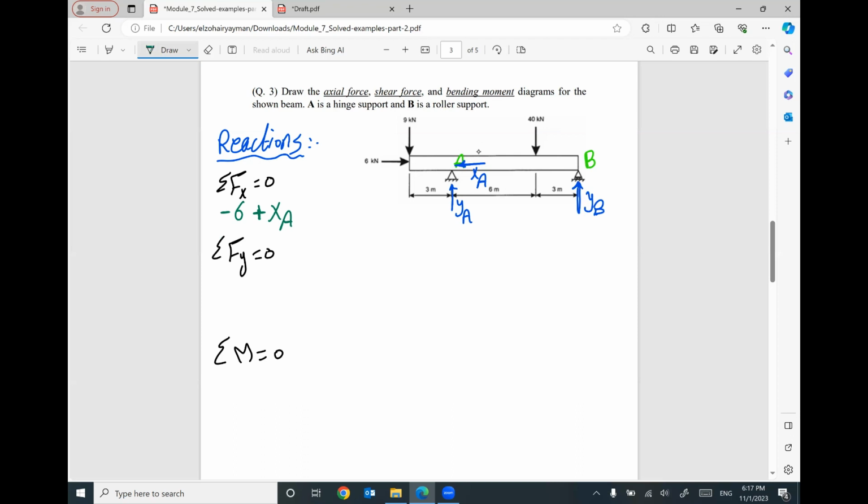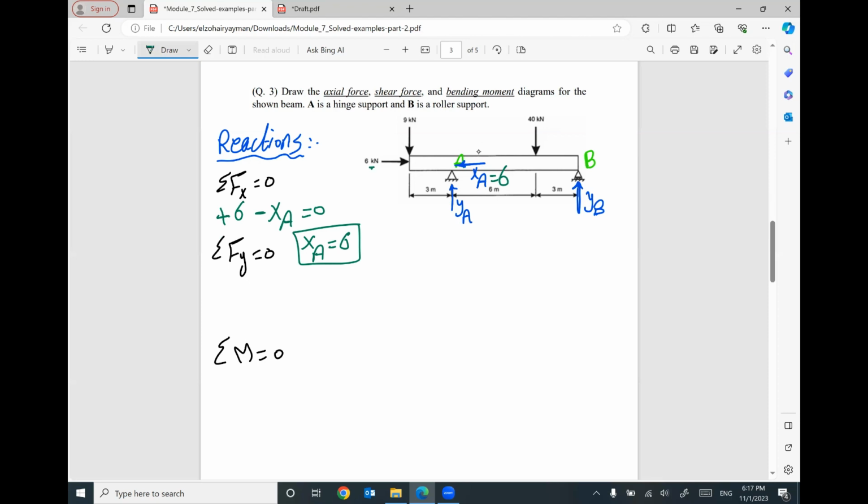The direction of 6 is positive, the direction of XA is negative. That's fine. No problem. So I can say XA will be 6. And that makes sense. This reaction will be 6 to be in equilibrium with the applied force 6.